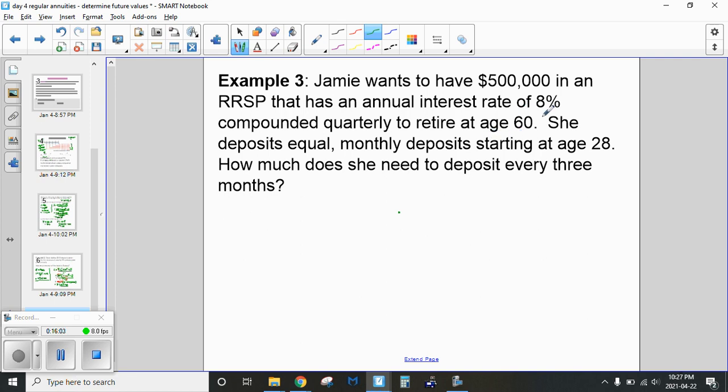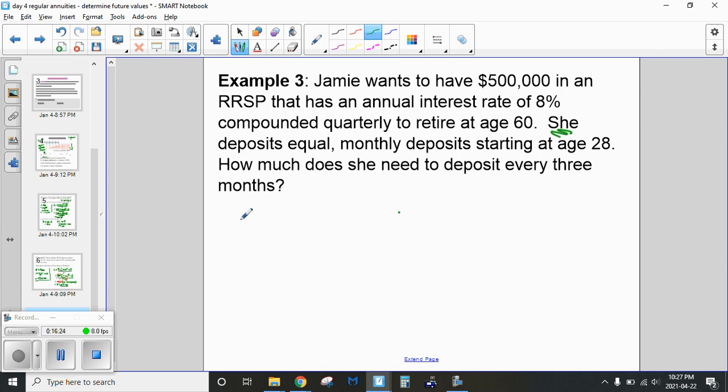The annual interest rate is 8%, compounded quarterly. Oh, sorry, Jamie is a girl. My bad. She deposits equal quarterly deposits starting at age 28. How much do those deposits need to be in order to hit her target?